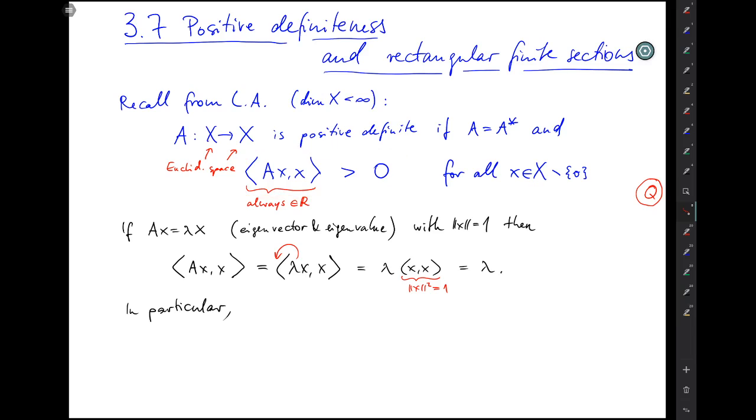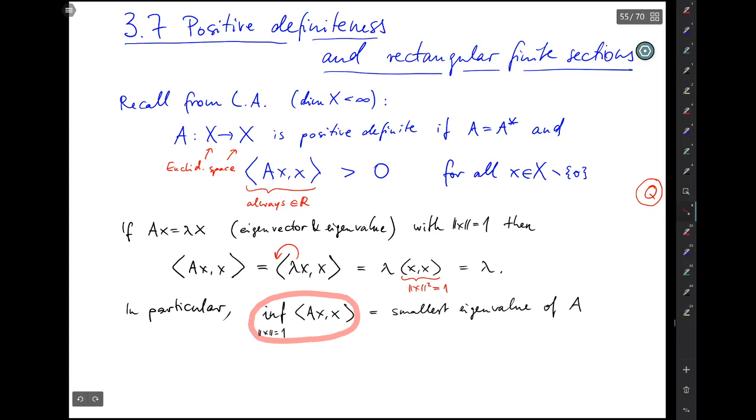In particular, one can show that the best lower bound on this scalar product, when x is restricted to vectors of norm 1, is exactly the smallest eigenvalue of your matrix A. And indeed, it is assumed if you insert x equal to the corresponding eigenvector here, so that this infimum is in fact a minimum.